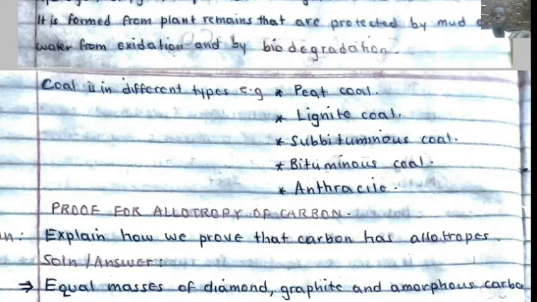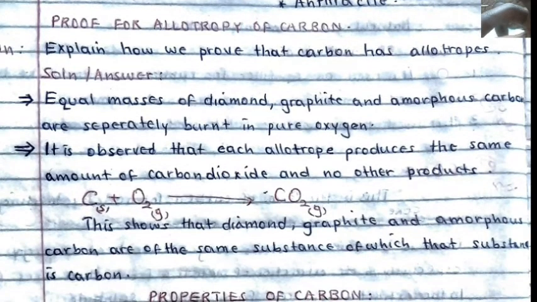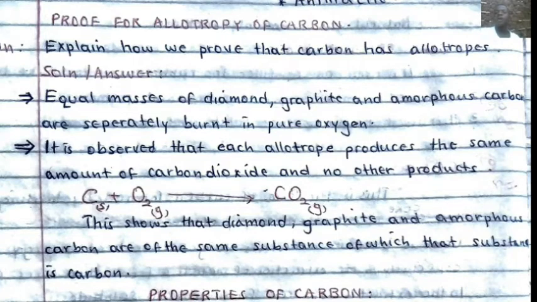You can copy them. So now we come to this subheading saying proof of allotropy of carbon. How do we prove that all these allotropes of carbon, graphite, diamond, and amorphous carbon, are surely made of carbon? This is a common question, and when answering it, it is like an experiment.